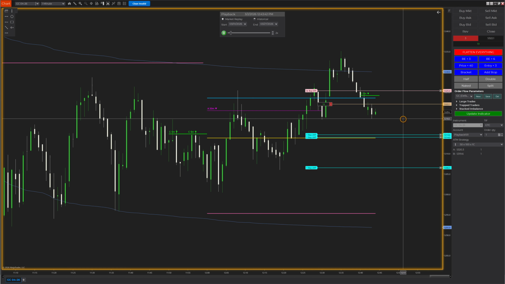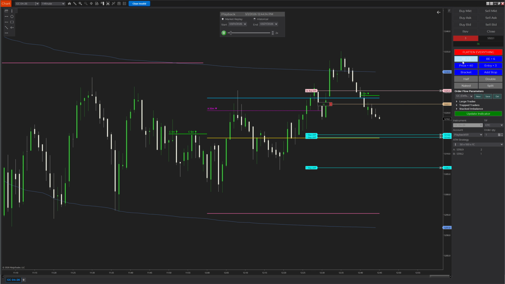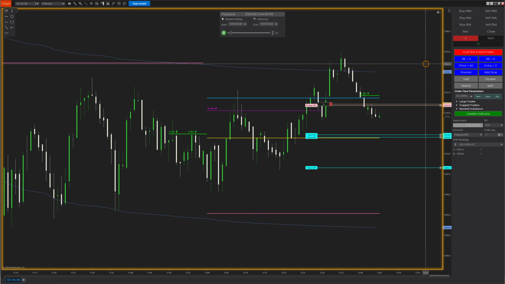Oof. Love to see that get a little further down. I think I'm going to go ahead and move that to break even. Hopefully we don't get a pullback.